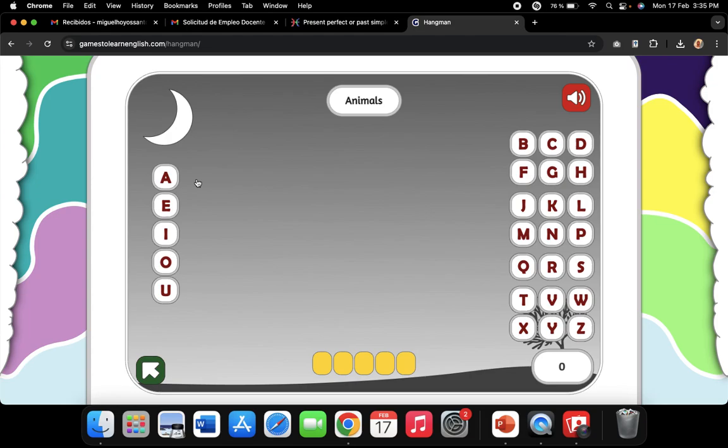Hangman is a game in which you have to provide or choose a letter or a vowel in order to find what's the hidden word. Okay, en términos generales, chicos, es identificar cuál es la palabra oculta usando letras y vocales.